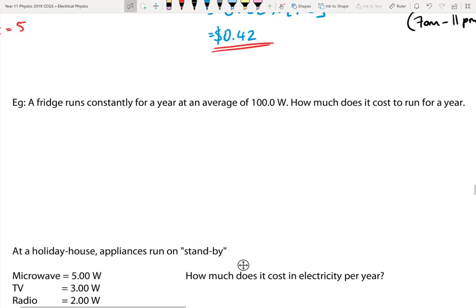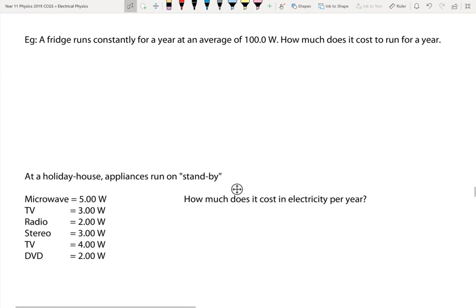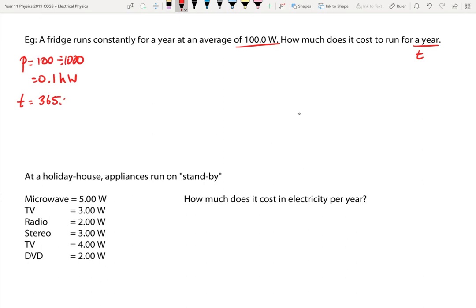Let's have a look at an example here. A fridge obviously is running constantly. It has a power of 0.1 kilowatts, and our time running for a year, that's going to be 365 times 24 times 60 times 60.